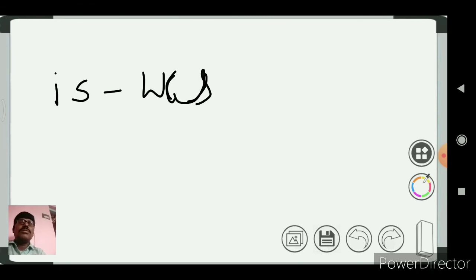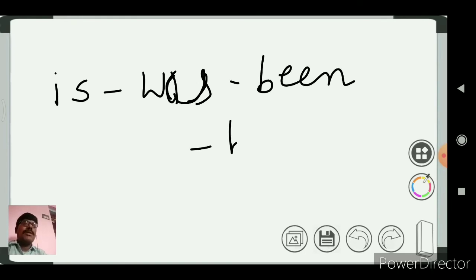For example, I am taking the primary auxiliaries, be form, is. See here, is. Is the base form. Is, was, been, being.